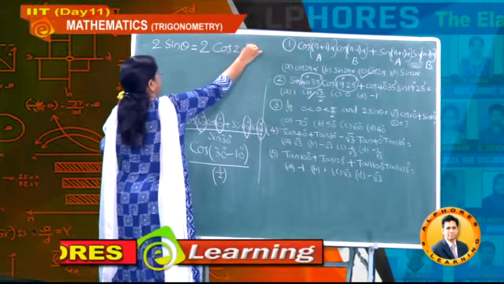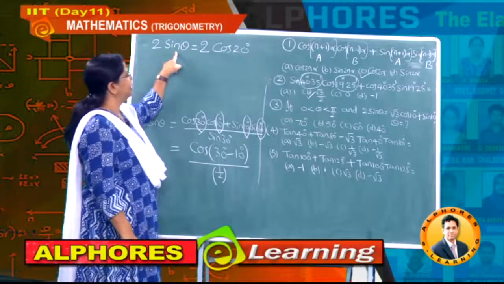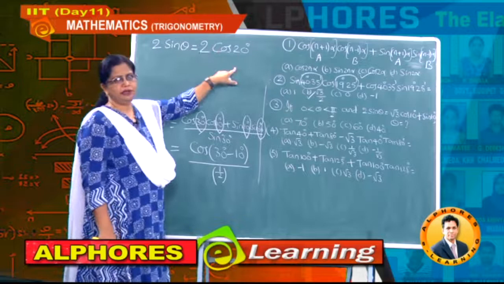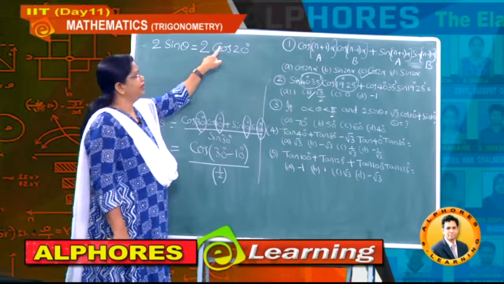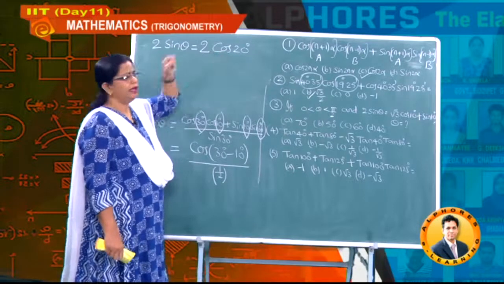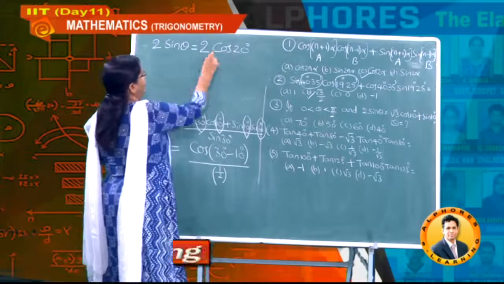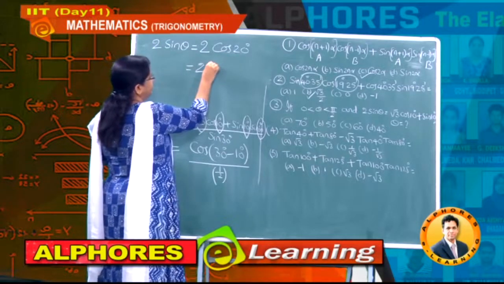Understand? Now what is the problem you got? This side you have sin, whereas this side you got cos. We want this as sin. How to reduce cos to sin? Just make use of the complementary angle. Here 20 is there, and if you subtract it from 90, how much is that?